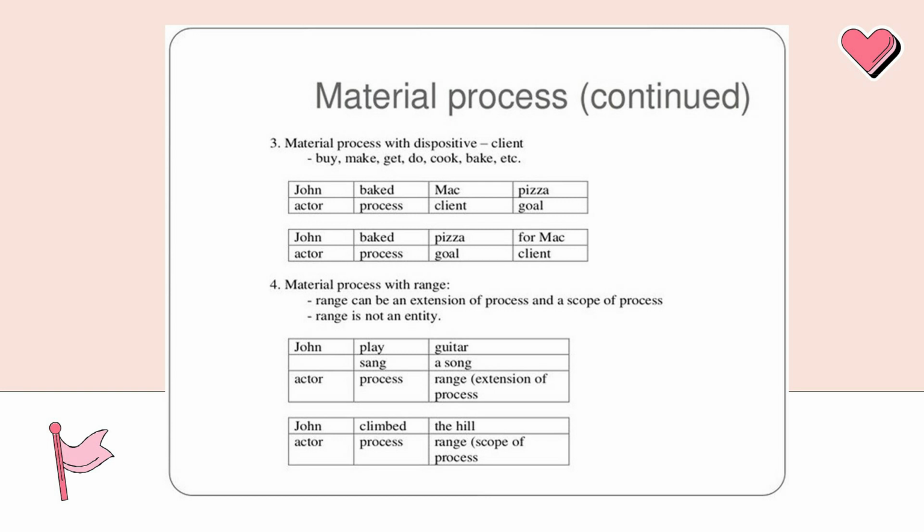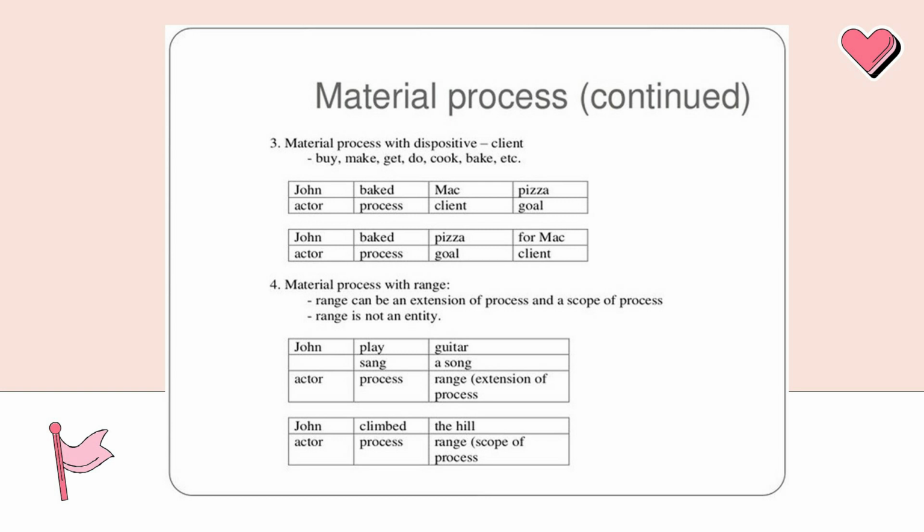And then the next one is material process with range. Range can be an extension of process and a scope of process, and range is not an entity. The example is John played a guitar or John sang a song.